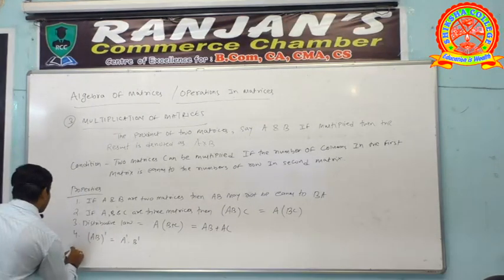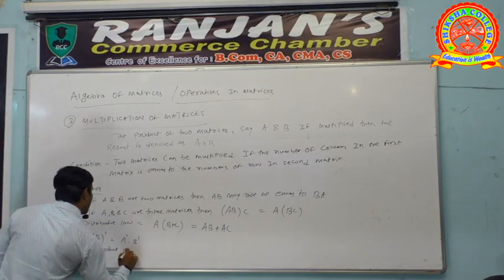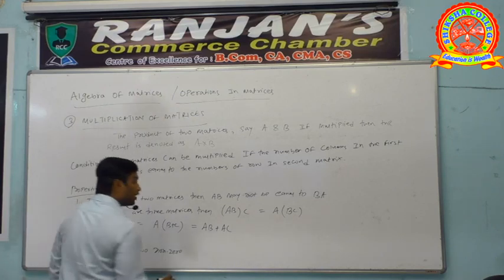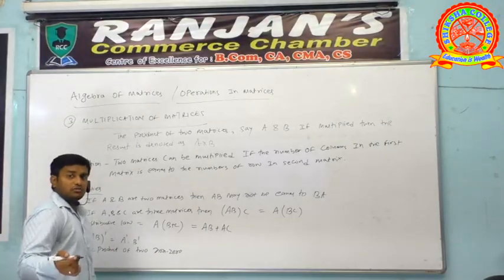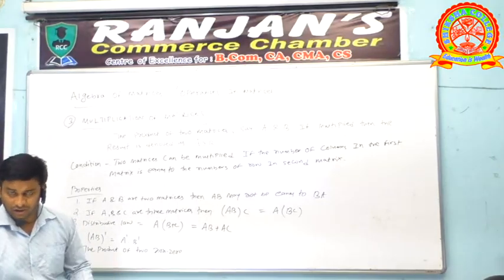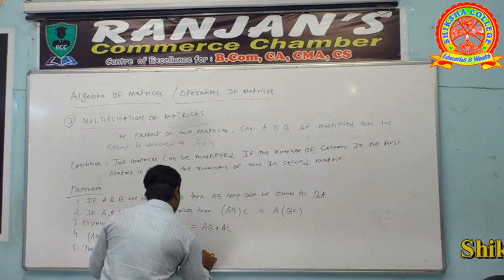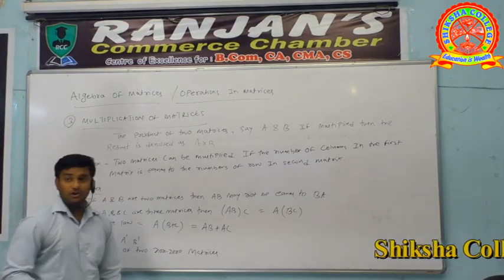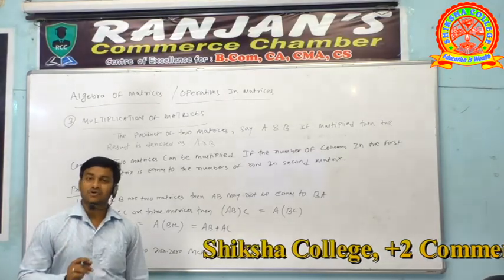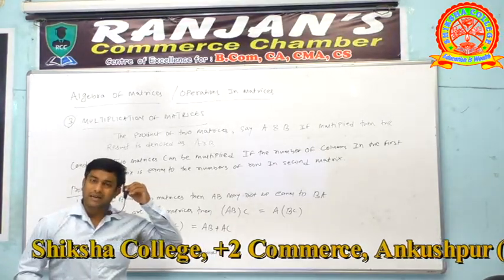Then the product of two non-zero matrices. A zero matrix means a null matrix. Non-zero means a matrix in which the elements are not all zero, we have positive or negative values except 0.